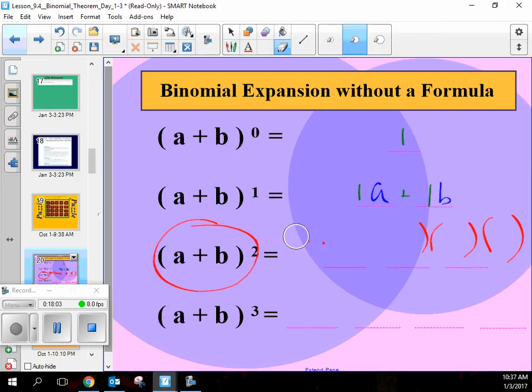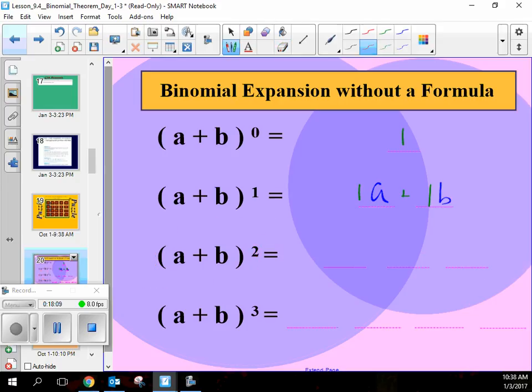All right, so we're trying to establish a pattern here. So a plus b squared is a plus b times a plus b. And so the first term of that would be what? A squared. And I'm going to note that that's 1a squared. Do you agree? Now, those numbers become important, and you'll see why in a moment.